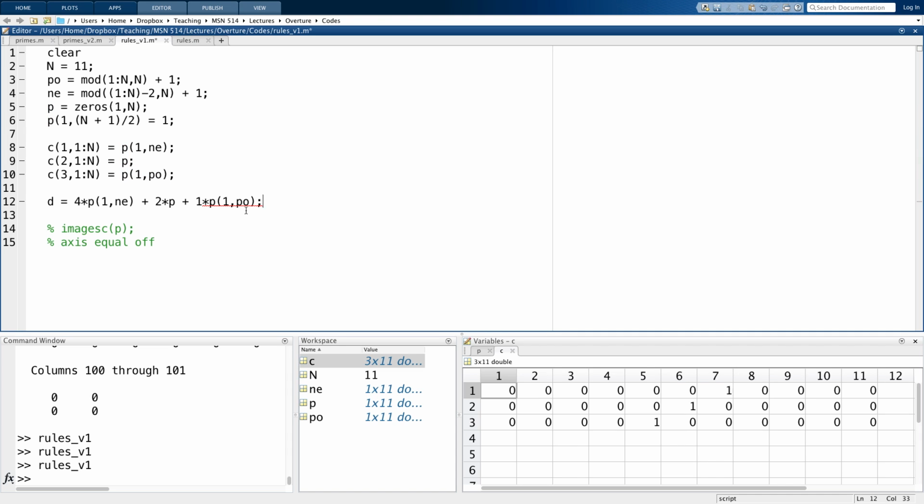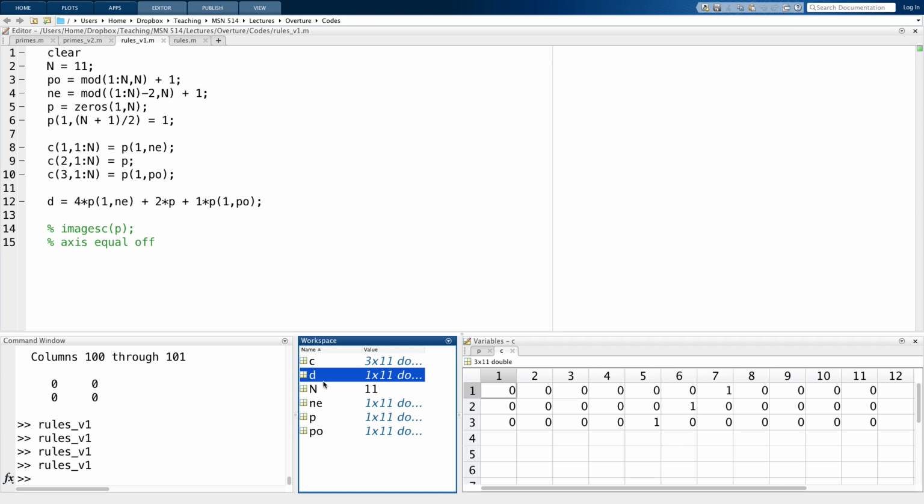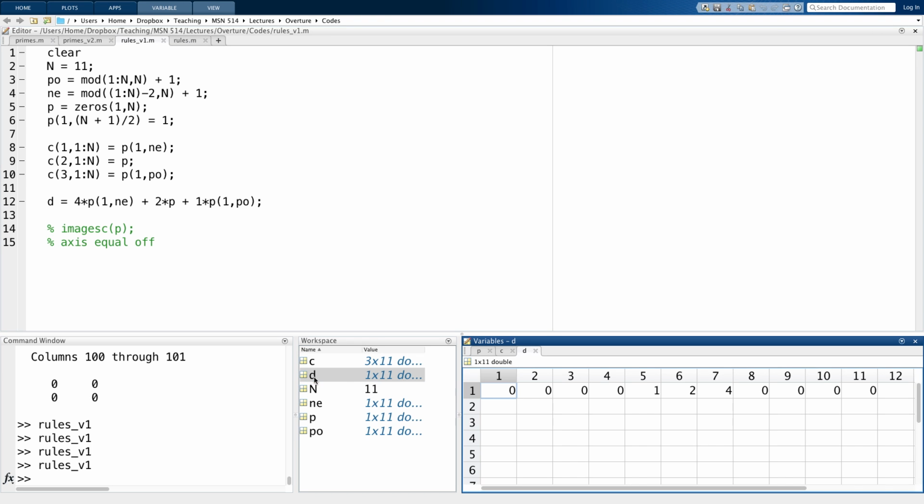The good thing with being a matrix lab is that you can multiply, if it's a reasonable multiplication of vectors, then MATLAB will do it for you, okay? So 4 times this vector plus 2 times this vector plus 1 times this vector. Let's see what D looks like. D looks like this.